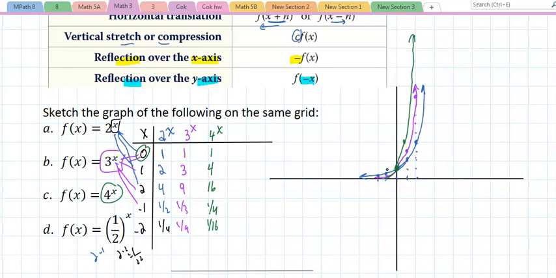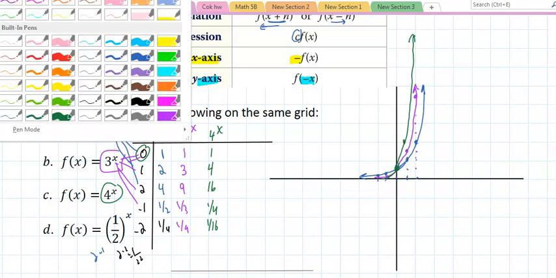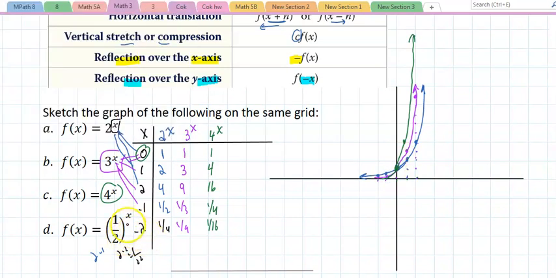Now, to make sense out of this mess, I have one more graph to go. If I pick f of x equal 1/2 to the x. If I put a 0 in there, I'll get a 1. If I put a 1, I get a half. If I put 2, I'll get a 4th. If I put a negative 1, 1/2 to the negative 1, isn't that 2 over 1?